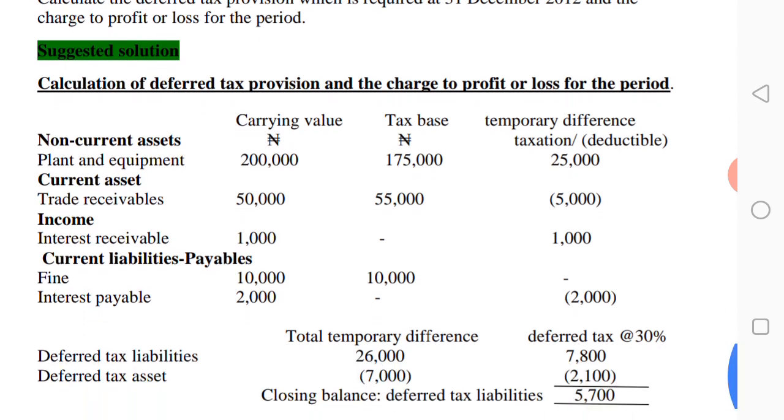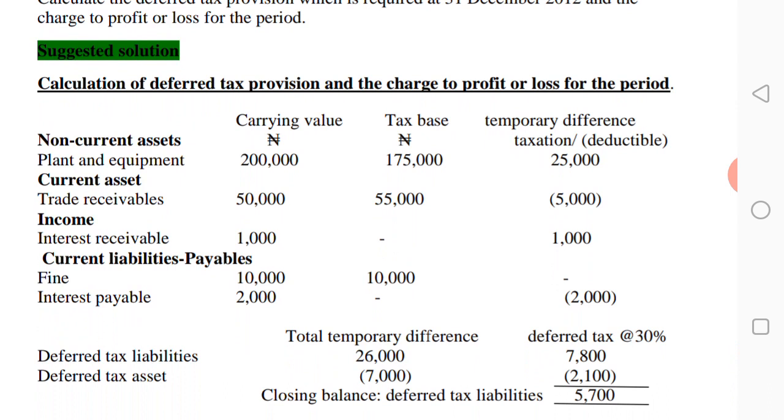So we have income. For income, we are told that from the tax perspective, the tax is on a cash basis, but accounting recognizes it on an accrual basis.